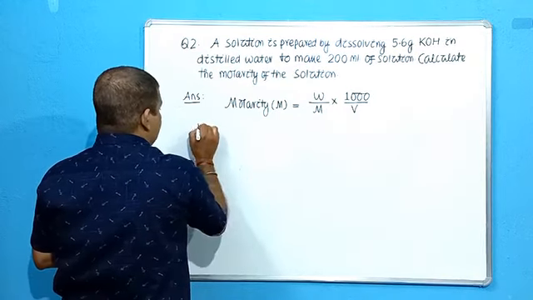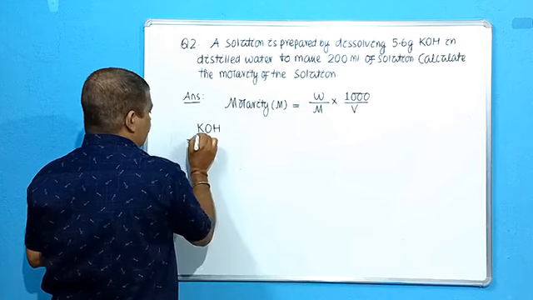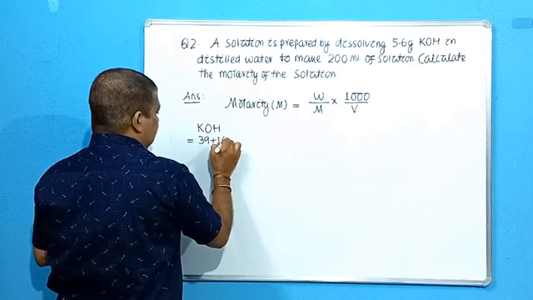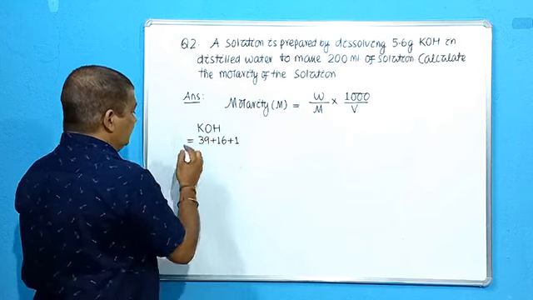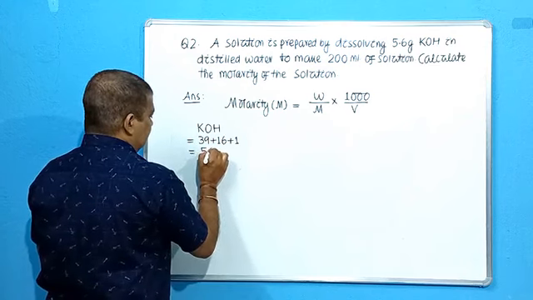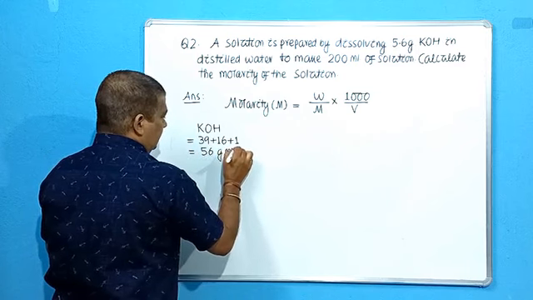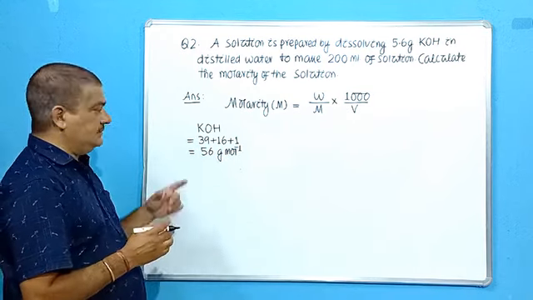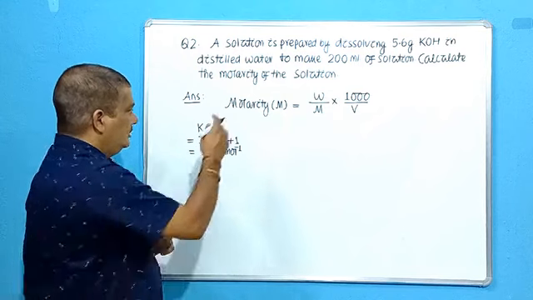So what is the solute here? Potassium hydroxide. So first we will calculate the molar mass of potassium hydroxide. So potassium mass is 39, then 16 is oxygen, 1 is your hydrogen. So molecular mass will be 56. So molar mass will be 56 gram per mole.